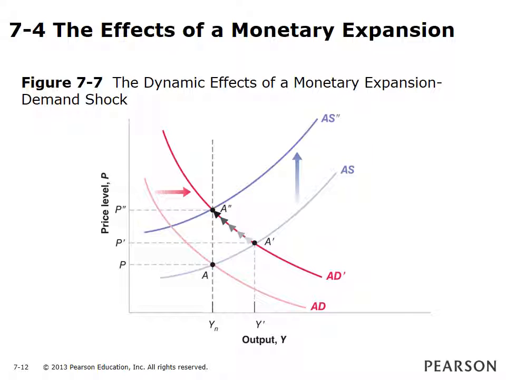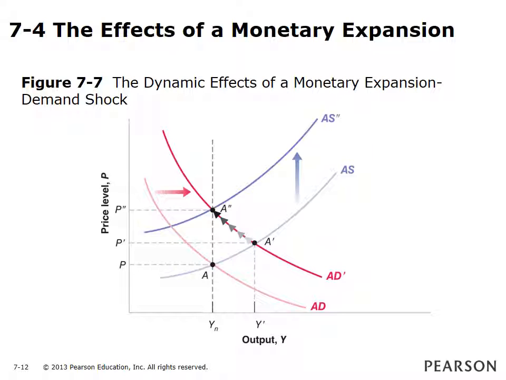In the medium run, output returns to the natural level because the AS curve will shift up, since actual output Y prime is higher than the natural level and actual price level will be higher than the expected price level. People will therefore revise expected price level upward. The economy will settle at A double prime. Price level will have increased by the same proportion as the increase in nominal money stock.